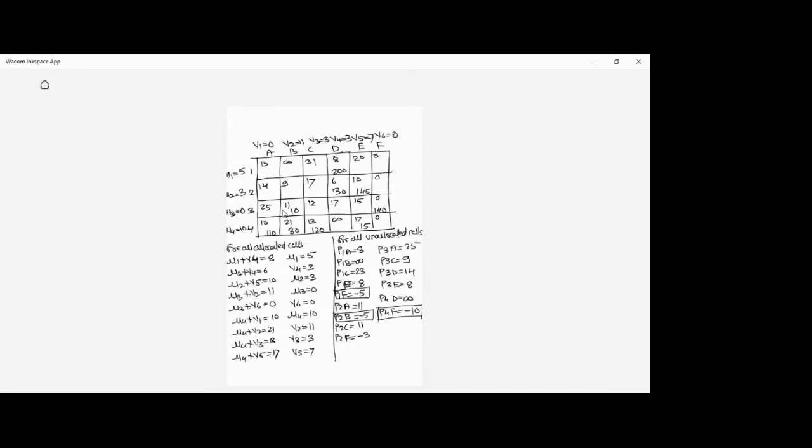As they have negative values, this is not optimal. Iterate further. Where are we going to put it now? We are going to put it in P4F, because it has the minus 10 value, right? So P4F is this particular cell, and we are going to do allocation here.